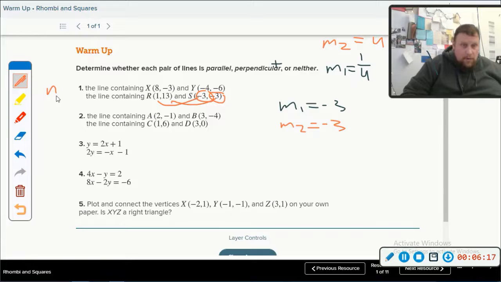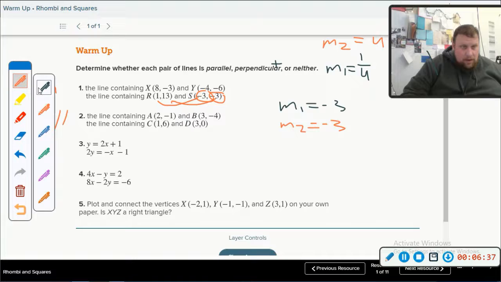They're the same, so this is going to be perpendicular. Or not perpendicular, I'm sorry. What am I thinking? They're going to be parallel. So the sign for that, these lines are parallel, okay?